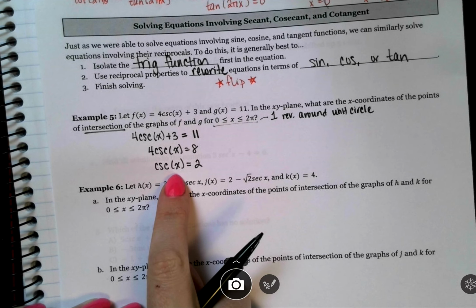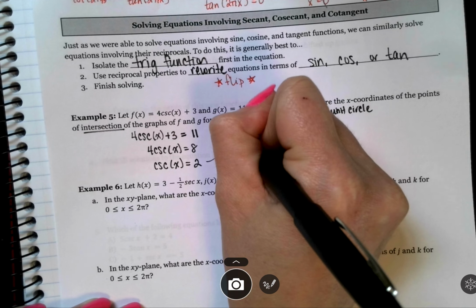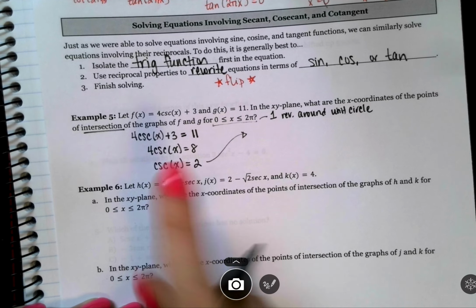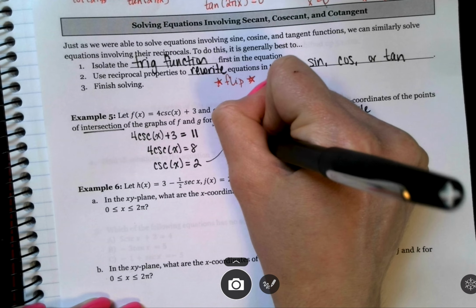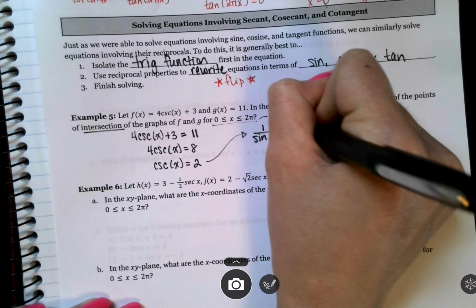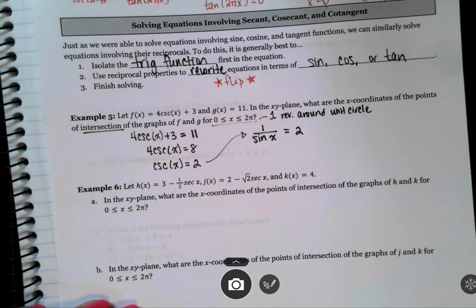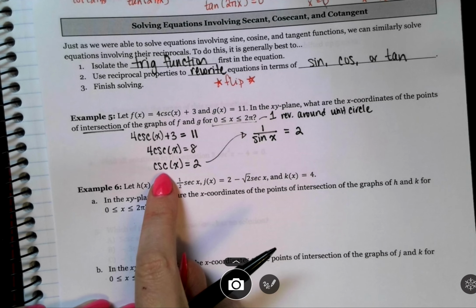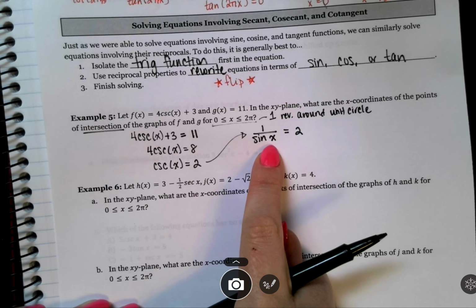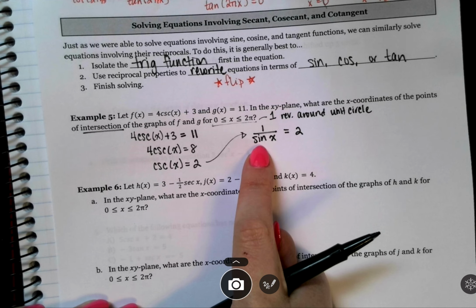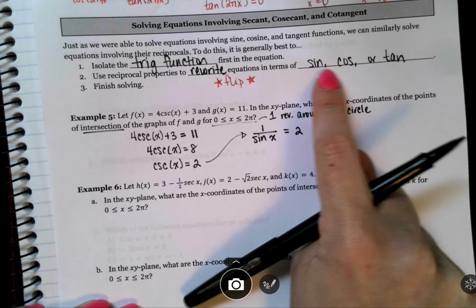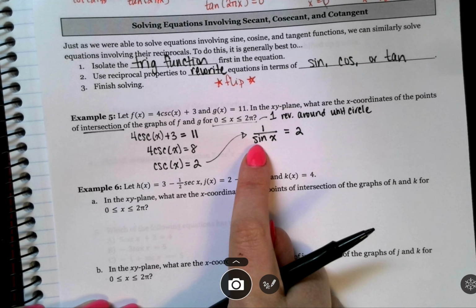Now that I have cosecant of x by itself, I know that by definition, cosecant of x is the same thing as 1 over sine of x. So I just rewrote cosecant by definition of what it is. Now that I can see sine of x, which is one of the 3 that I want, it is in my denominator.